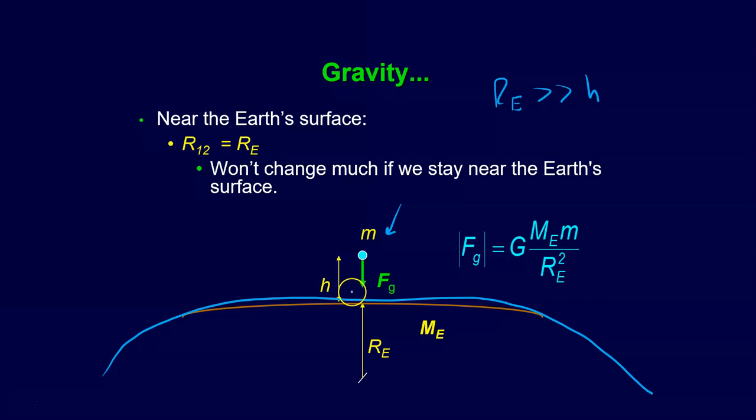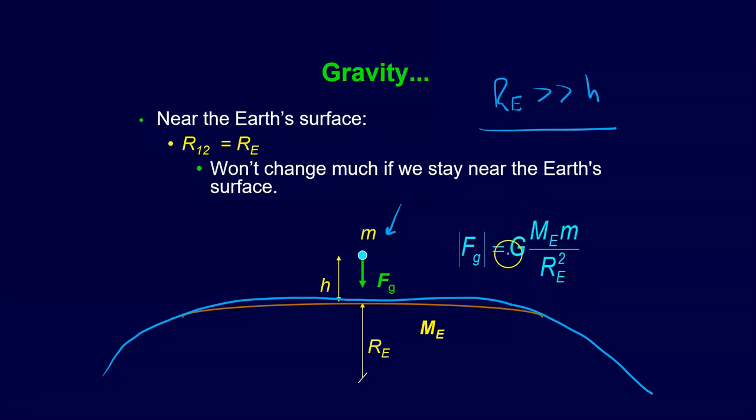Even though the force of gravity depends on the distance between the two objects, for little movements like 100 meters, 200 meters, whenever the radius of the Earth is much, much bigger than h, we can approximate the force of gravity with that last equation.